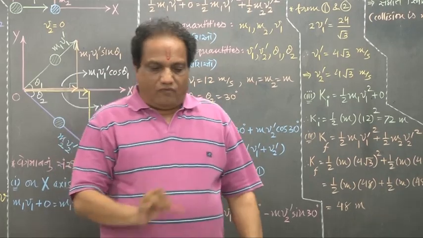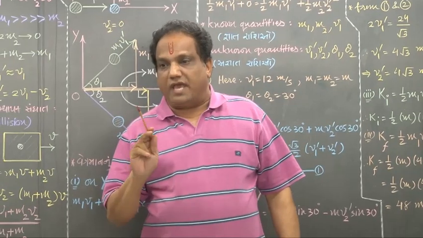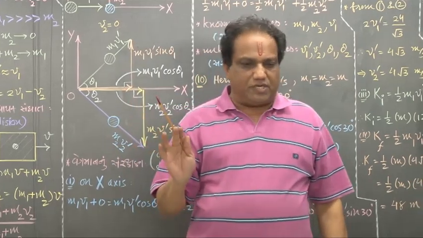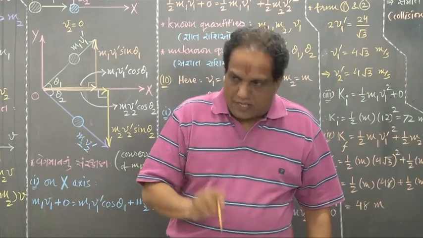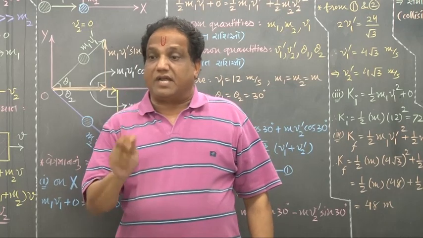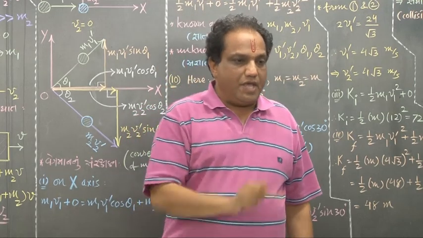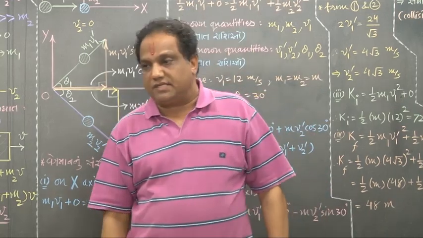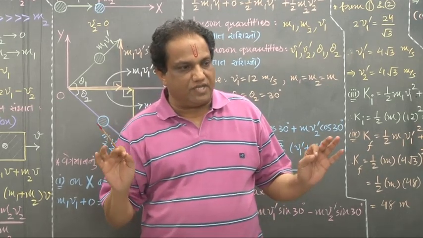For all collisions, remember, total momentum and total energy remain conserved. But in case of elastic collision, kinetic energy also remains constant. A collision in which kinetic energy remains constant is known as an elastic collision, that is, a perfectly elastic collision.